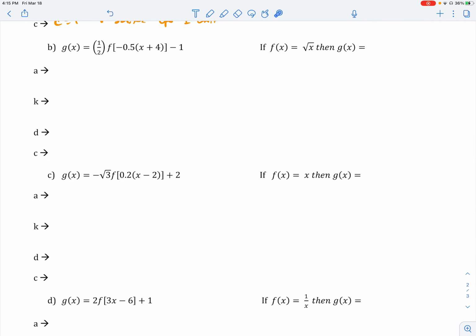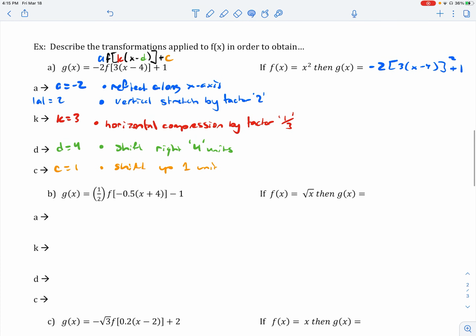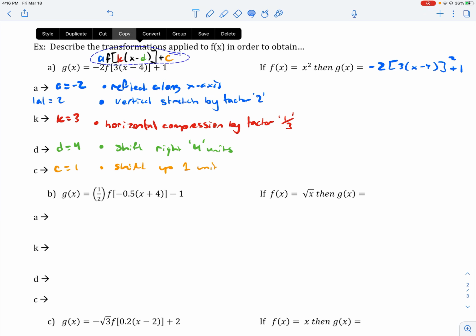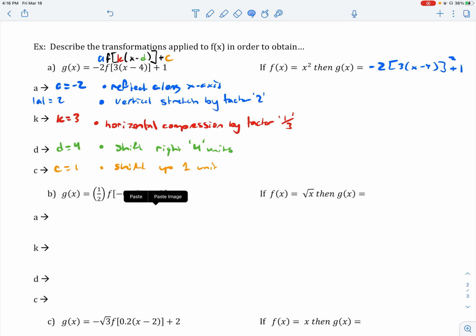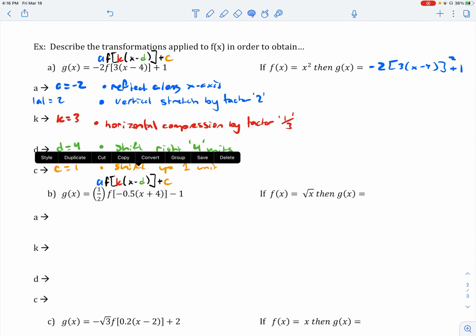So let's grab this little formula here. We're going to copy it, and then paste it to do our comparisons with. I'm just going to move some of that over a bit. There we go. Okay, so I can see that A is a half.